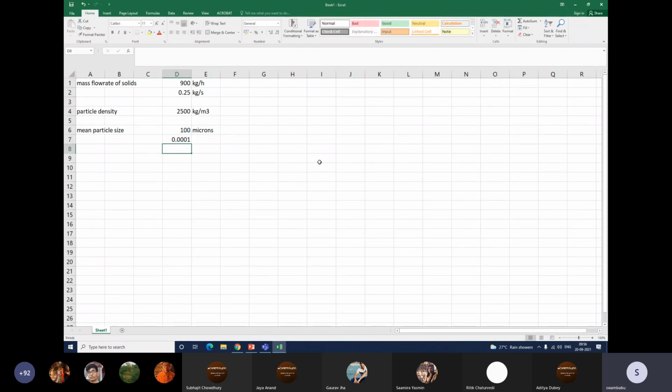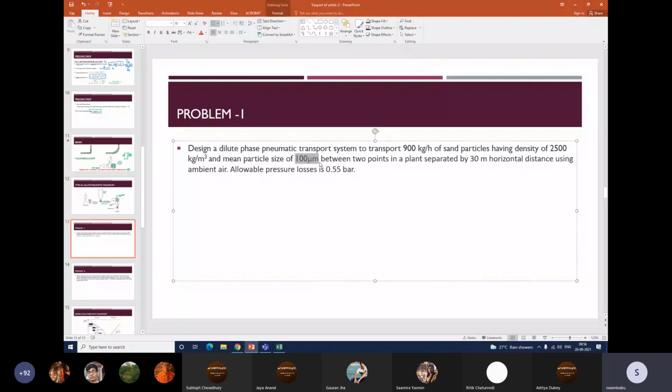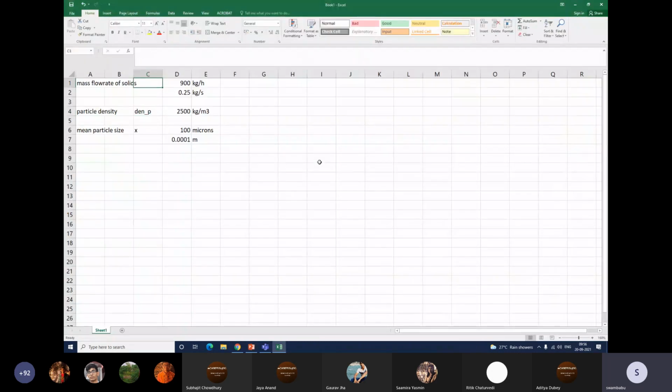That gives 0.0001 meters. That is the particle size x. And the density is den underscore p, in the expressions rho p, and this is mp.